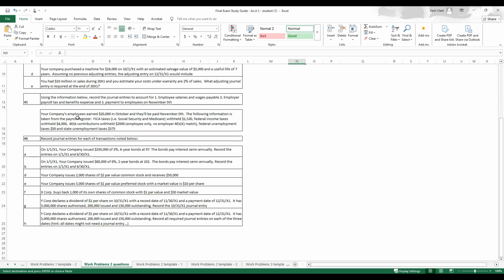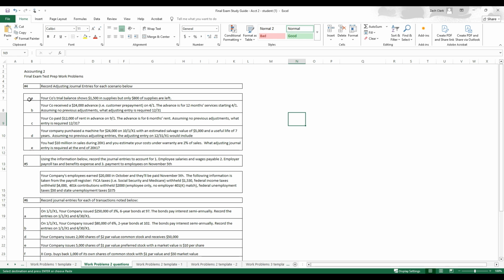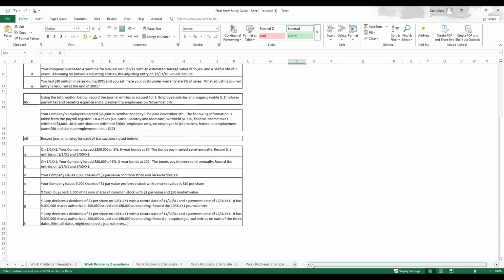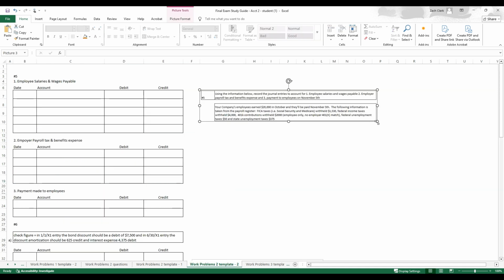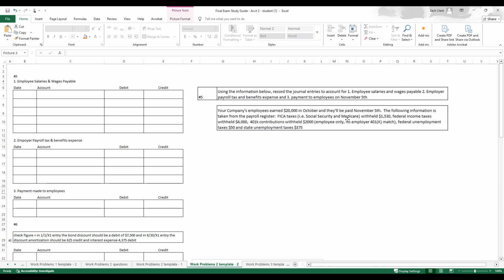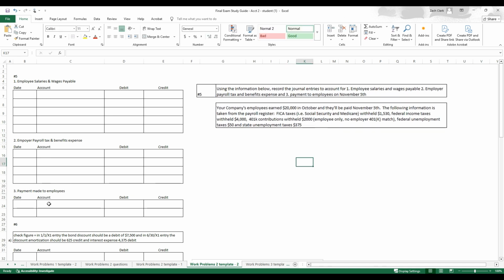Okay, so number 5 says, here's some payroll information. Again, I'm just doing a little snip screenshot. Okay, so we've got a spot to put some journal entries here.